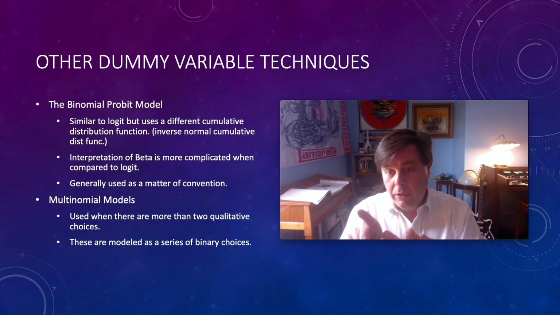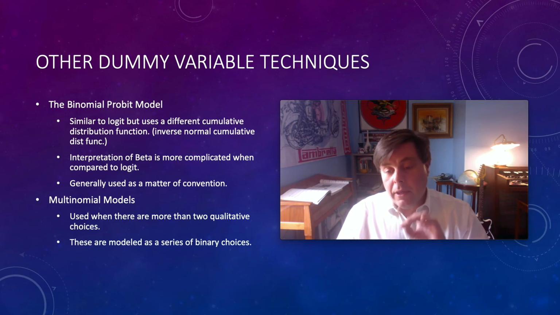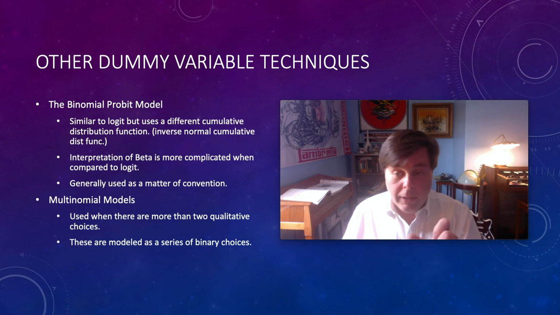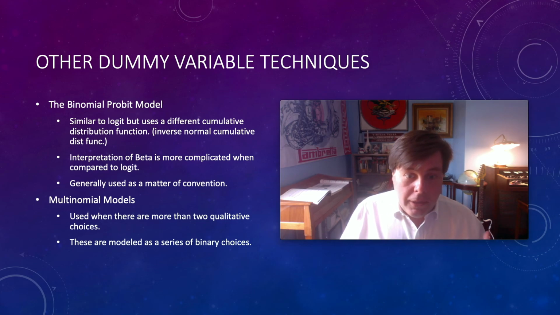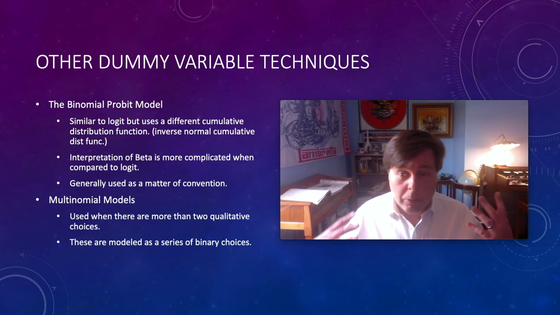So I choose A or B, and then once I'm at B, I can choose C or D. Now there are a series of possible outcomes, A, C, and D, 3 that are the result of a 2-stage binary process: A or B, and then if B, then C or D. These processes can be handled using multinomial models, which again, to do more than introduce them would be to go beyond the scope of what this course is.